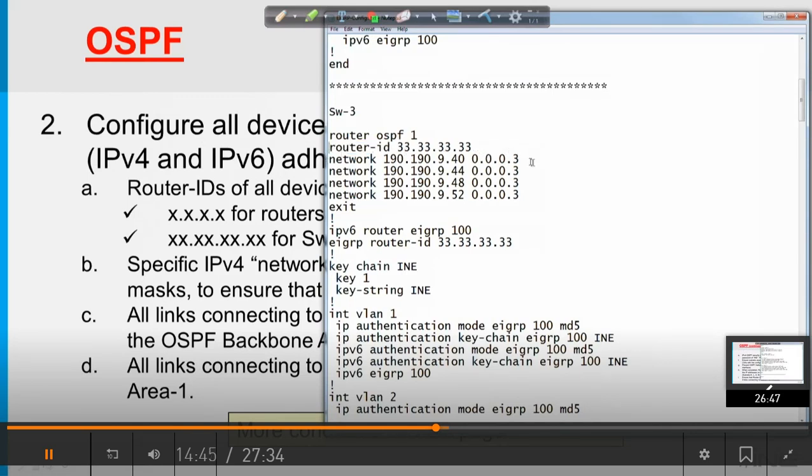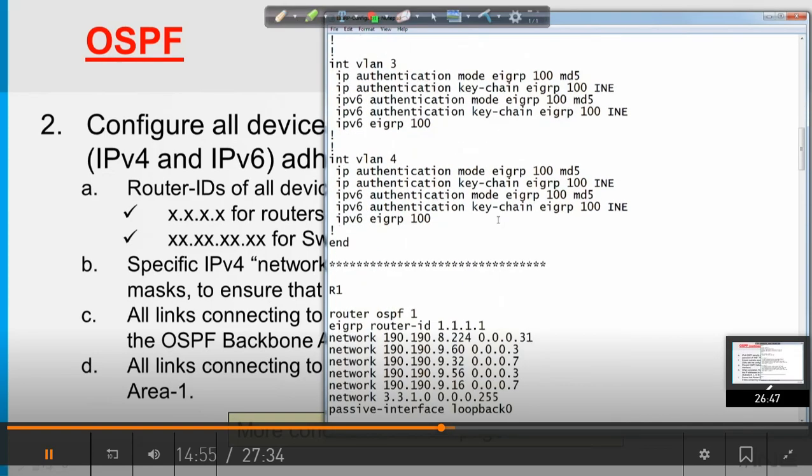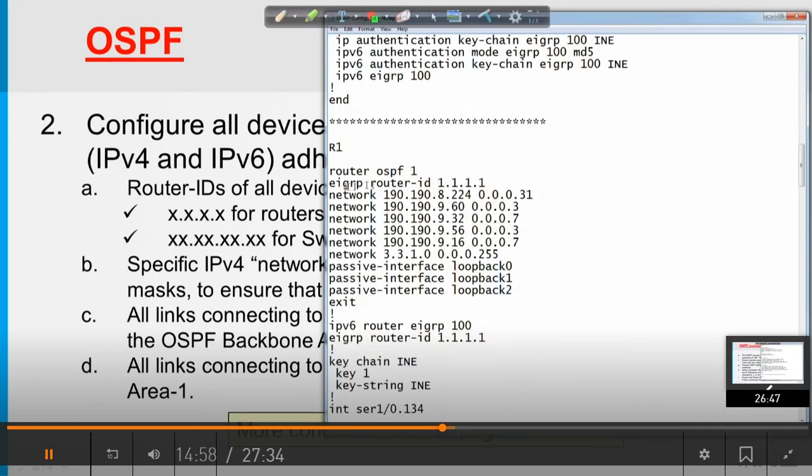Switch 3, all of his interfaces are in area 0. Router 1, all of his interfaces are in area 1.